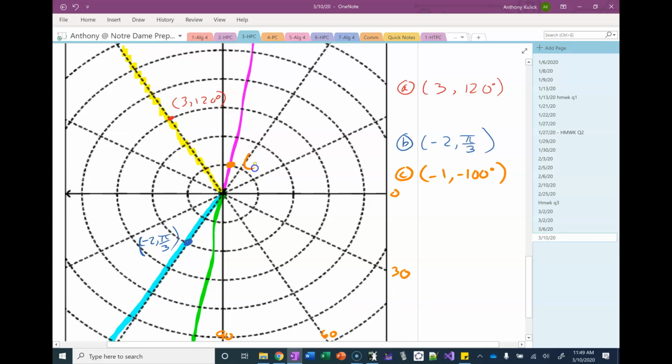So this is 1, -100. It's actually in the first quadrant. Is everybody okay with what I did there, Ingrid?